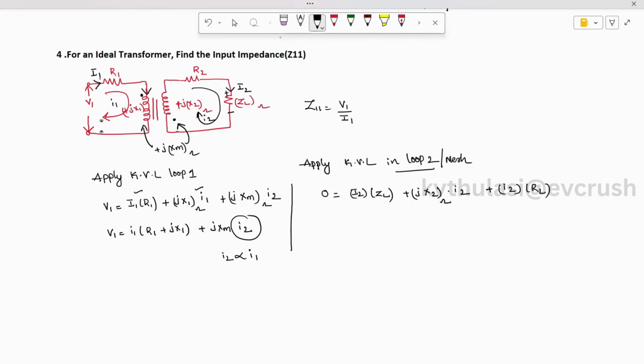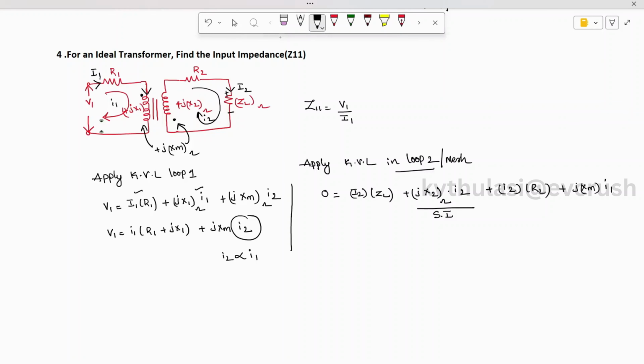These two coils are mutually coupled: the current enters at the dot in both, so we get a positive mutual inductance, plus jXM into I1, the current of the primary coil.